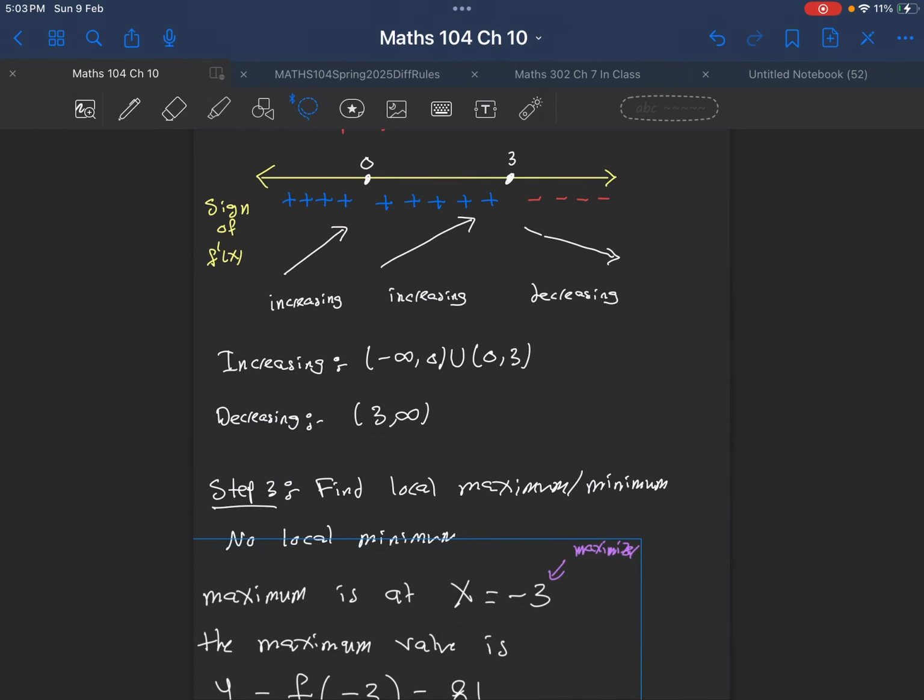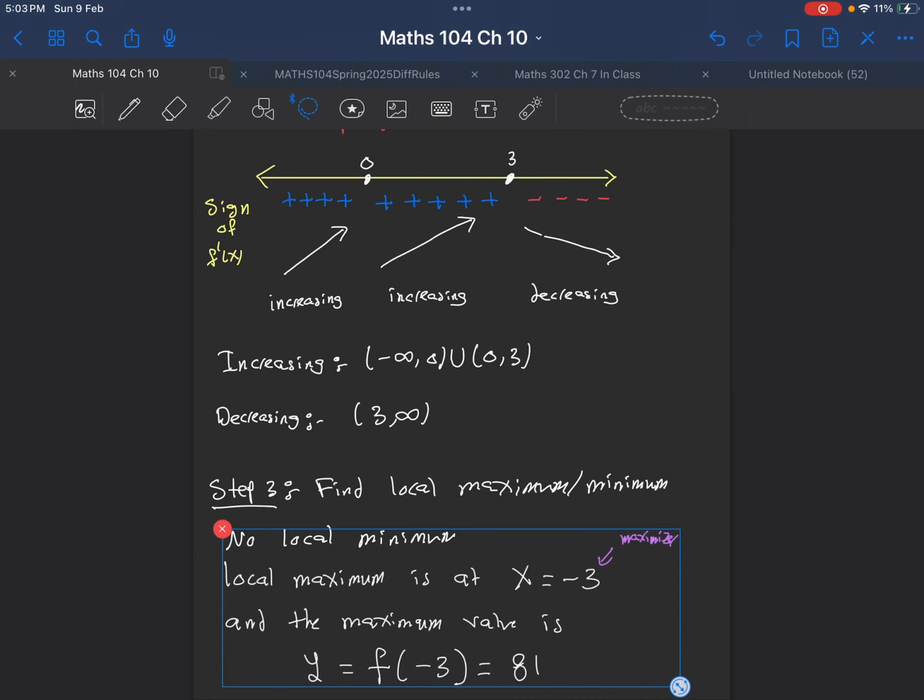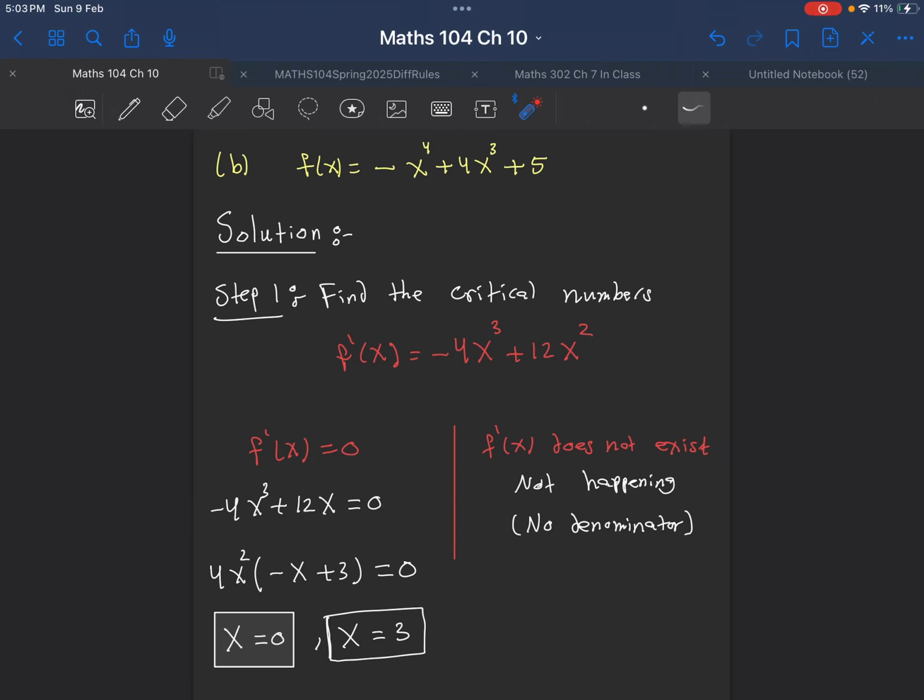I'm just going to write it down here. So we have a local maximum at 3, exactly at 3. So we go to the original function and substitute x equal to 3. So we substitute here 3 and here 3, and solve.